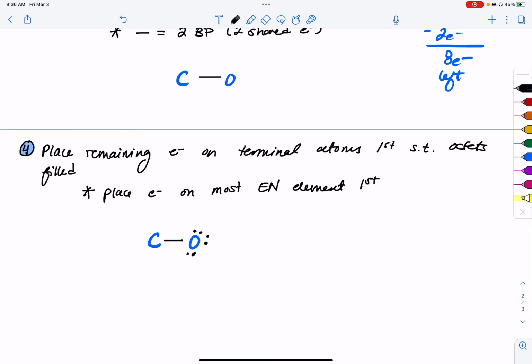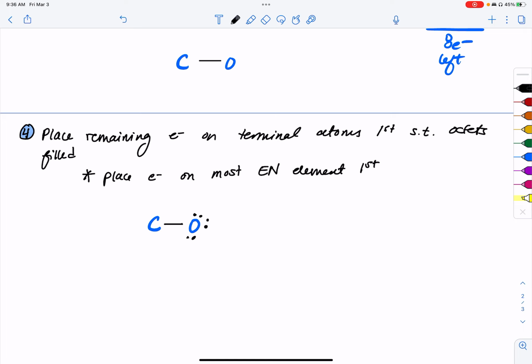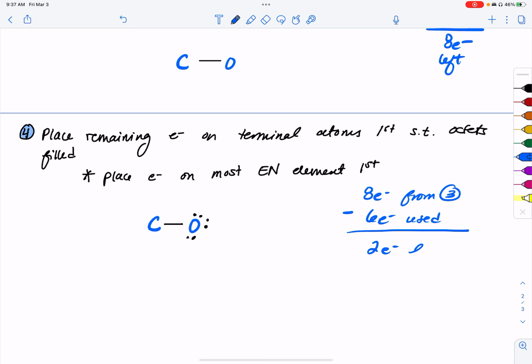So I have filled up the octet of my more electronegative atom. And let's do a little tally. So I had 8 electrons left from step 3, and I have now used 2, 4, 6 more to fill the octet of oxygen, meaning I have 2 electrons left.